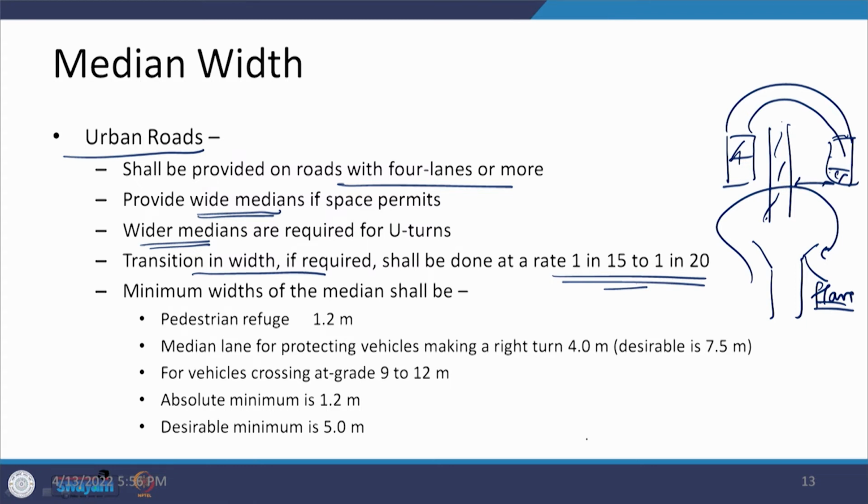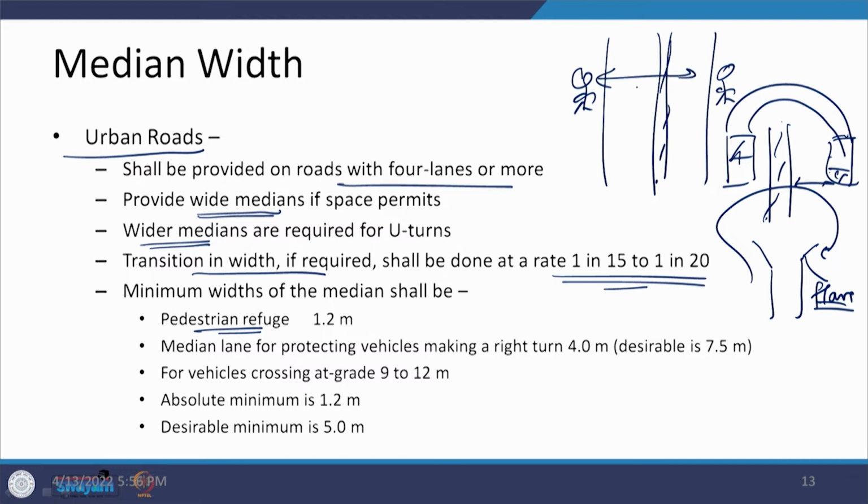Now, what are the minimum widths of the medians? If we have a pedestrian refuge, that means this is a section and say this is a median here, there are people standing on either side of the road and they want to cross either this way or that way. So, the traffic is continuously moving here. What the pedestrians need is a space where they can stand.